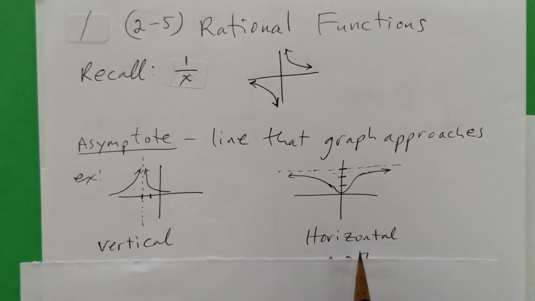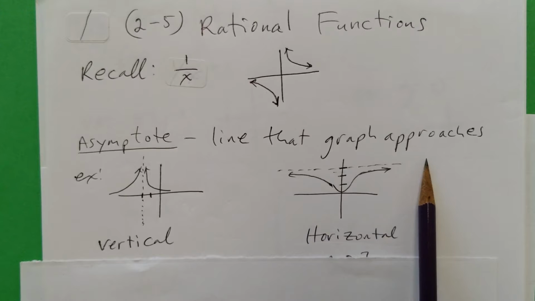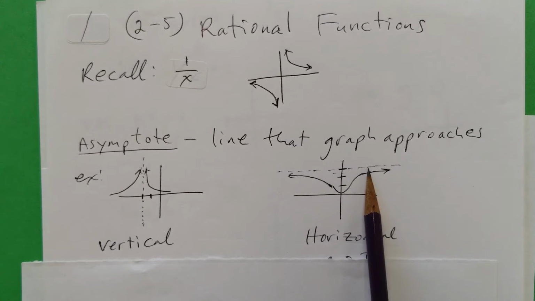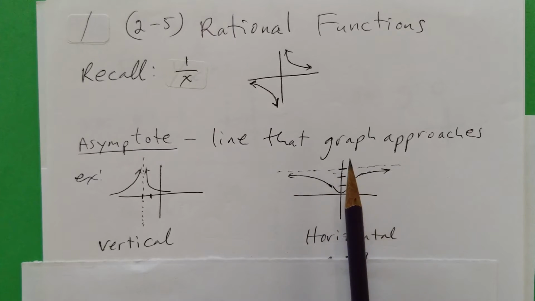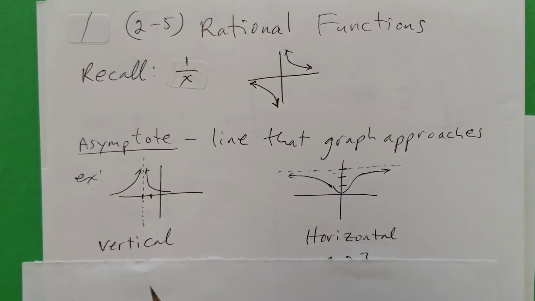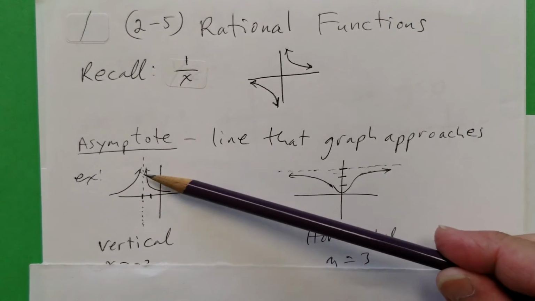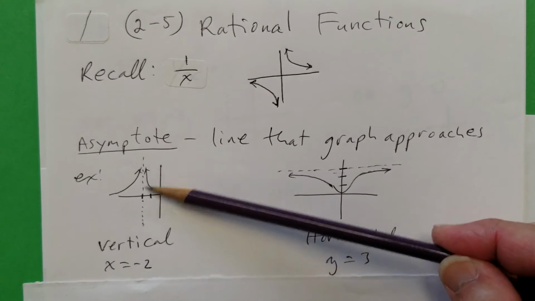You could have a horizontal asymptote going across. So notice this graph is approaching the asymptote but never reaches it. It's approaching that line that we call the asymptote. Now, where is the vertical asymptote? Well, the vertical asymptote here is at x equals -2.